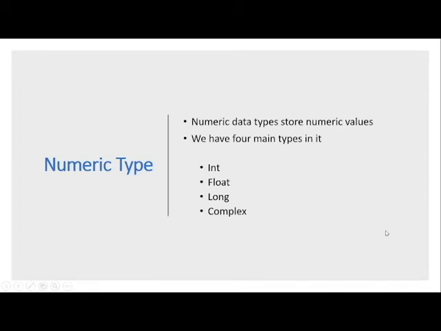Let's explore the numeric type. In Python, numeric data types store numeric values. They are created when you assign a value to a variable. We have four main types in it, and they are integer, float, long, and complex.